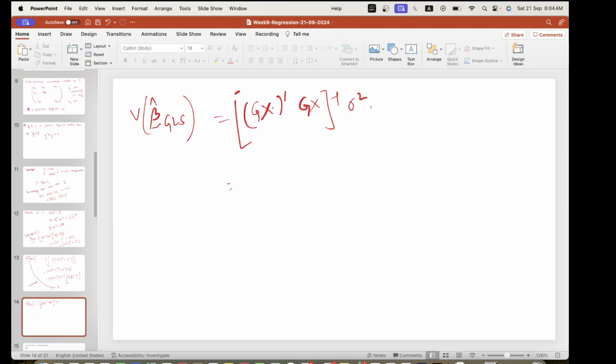So this would be sigma square into X transpose, again G transpose G is V inverse, X inverse. So these are the mean and variance of beta hat.